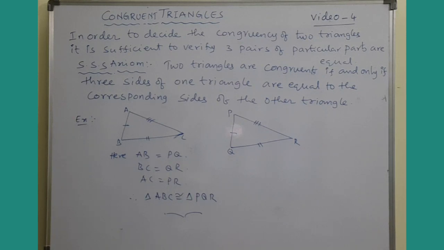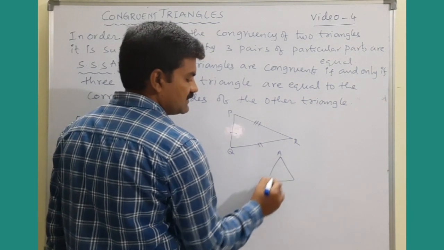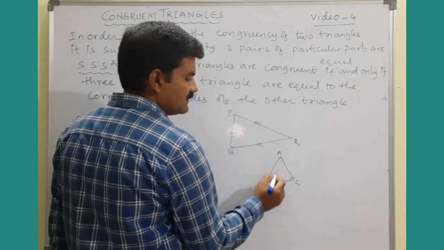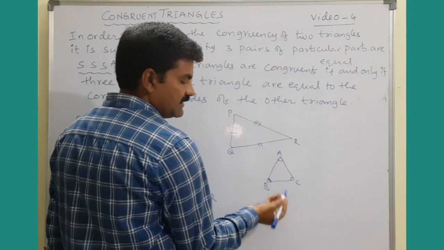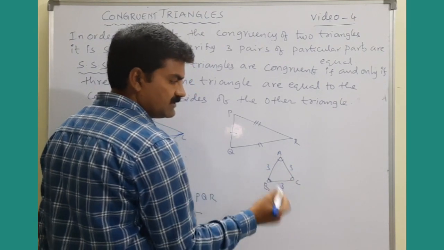That's why I am telling you that all equilateral triangles need not be congruent, even though their corresponding angles are equal. See here, suppose triangle ABC, which is clearly an equilateral triangle because all angles are equal, and suppose all the sides are equal to 3 units.